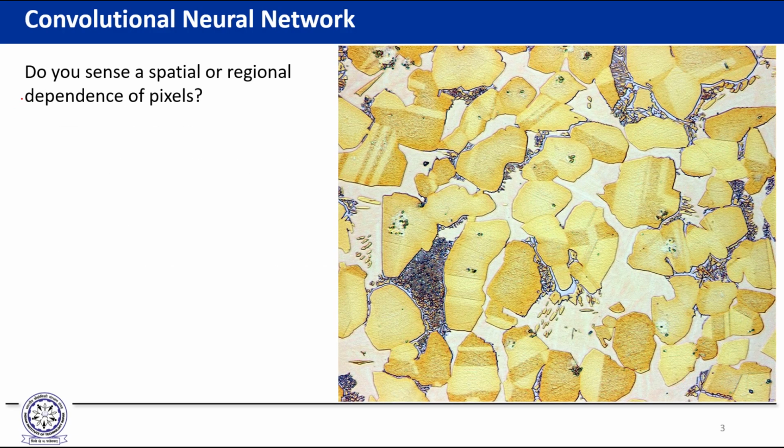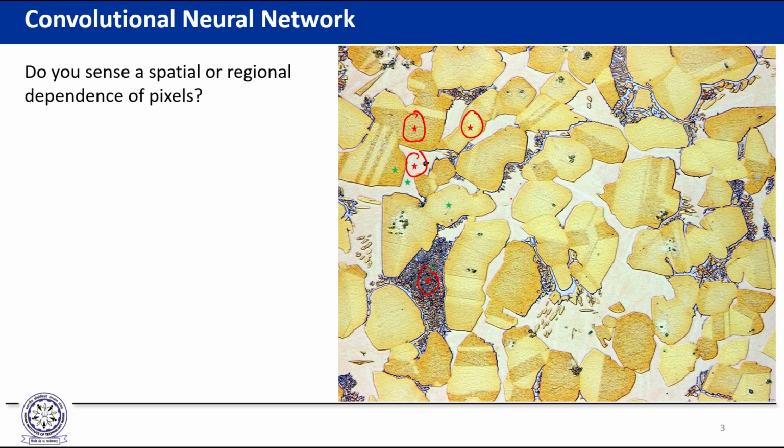For example, if you look at this microstructure, the question you should ask yourself is, do you start recognizing or sensing some form of spatial dependence of the pixels? You can see that I have identified certain pixels from different regions of the microstructure.